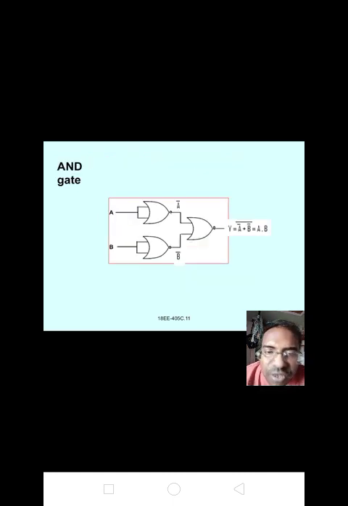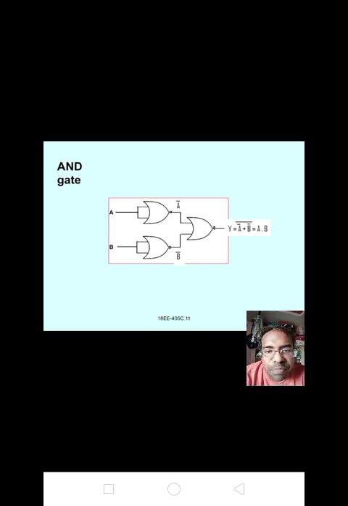Next, AND gate. For getting the AND gate, we are taking 3 NOR gates. For the first 2 NOR gates we are taking single inputs, and for the third NOR gate we are taking 2 inputs. For the first NOR gate, we are giving A, we get the output A bar.